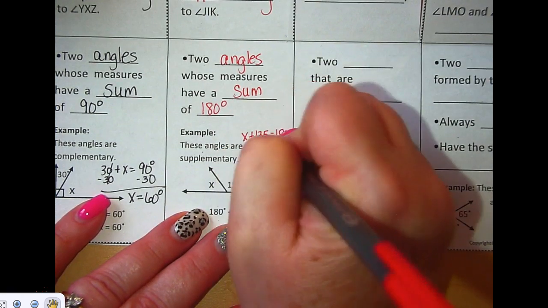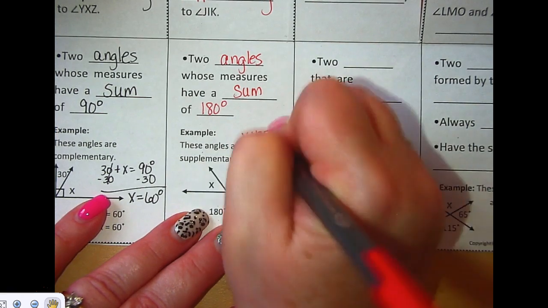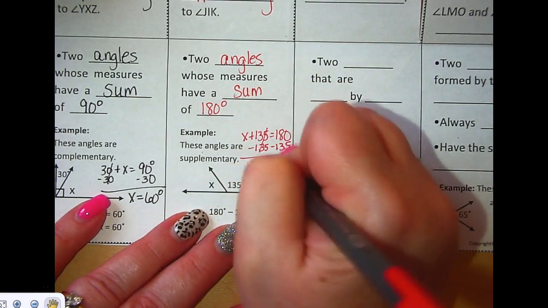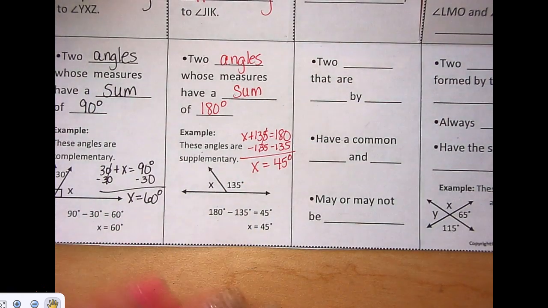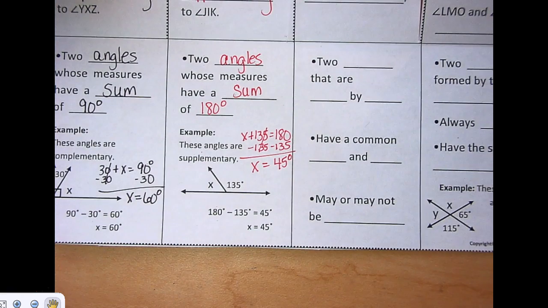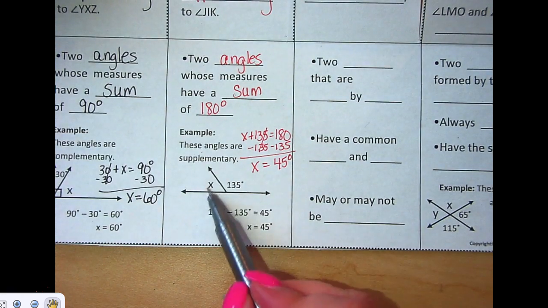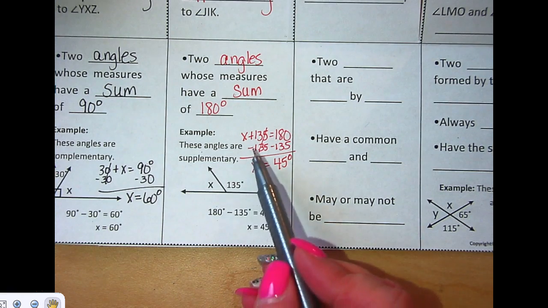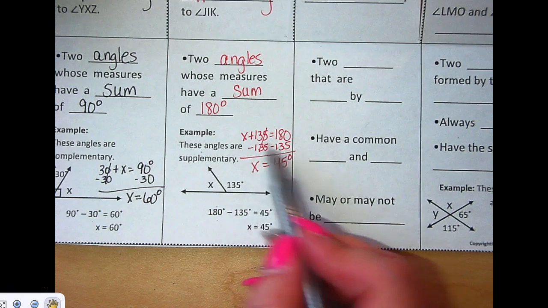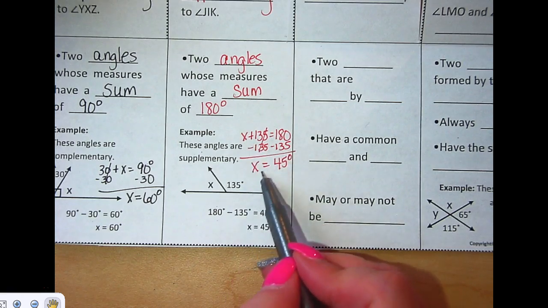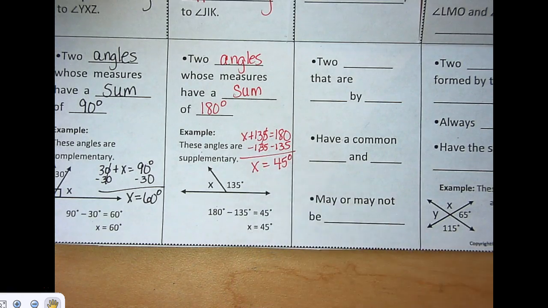Subtract 135 from both sides. That says angle X has to equal 45 degrees. We are going to do one-step equations with these.